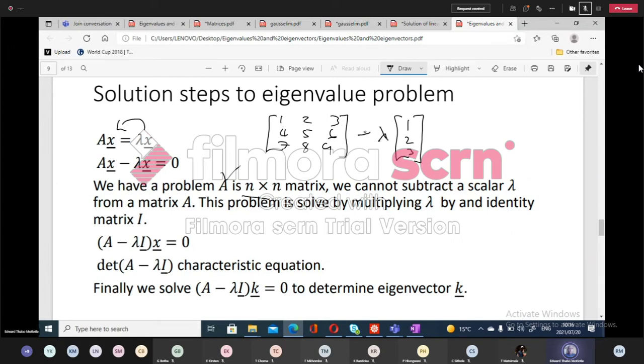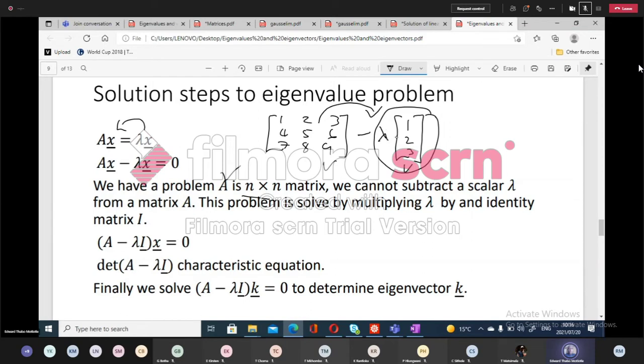Now, for you to be able to subtract these two matrices, they must be of the same size. This means it must be a 3 by 3 matrix, this one here. This means we cannot subtract this one from this one. That's the problem that we have.